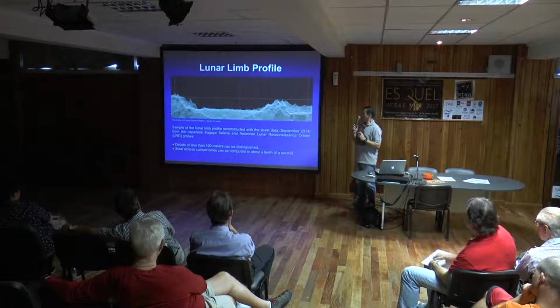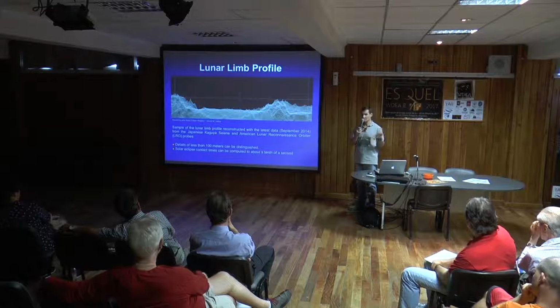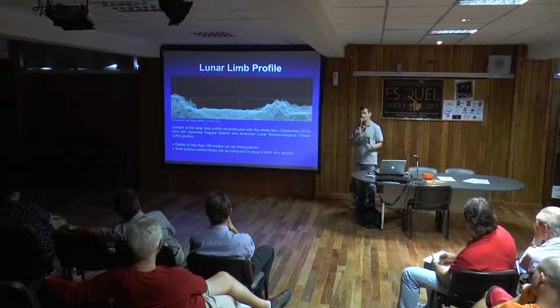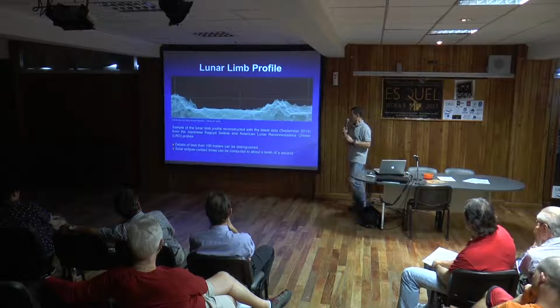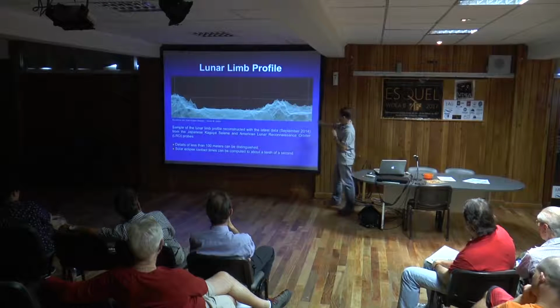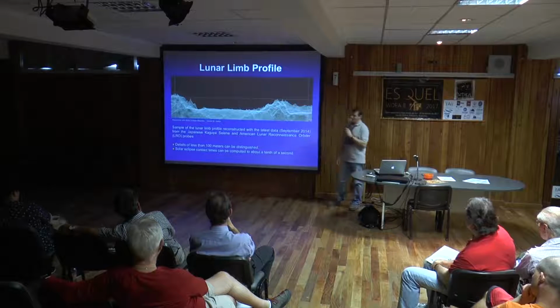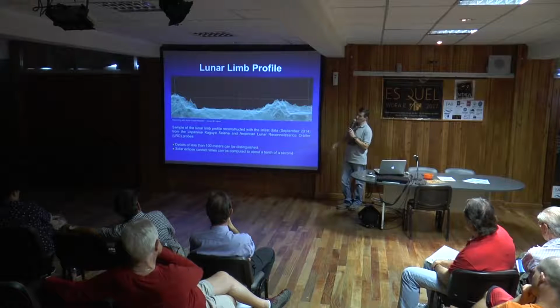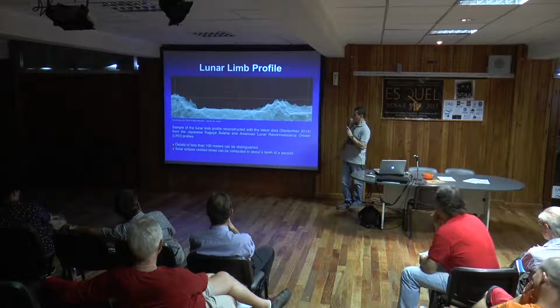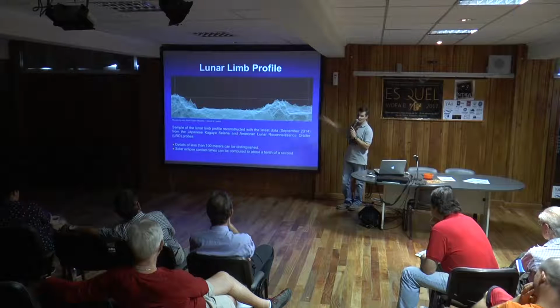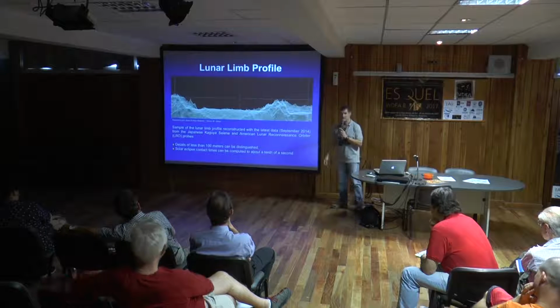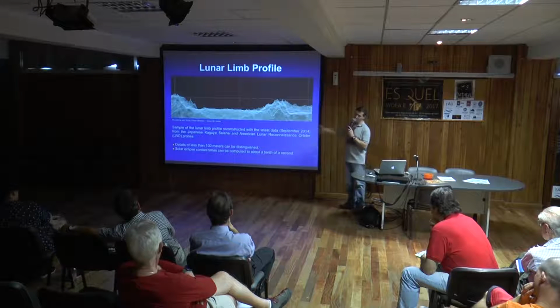Now we are going to come to the lunar limb profile, which is going to be important, in fact, for next Sunday. So, for example, this drawing is made within my software from, in fact, satellite measurement on the moon. You can recreate exactly the shape of the moon.